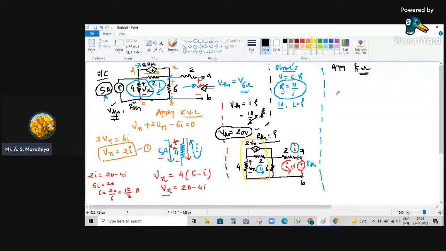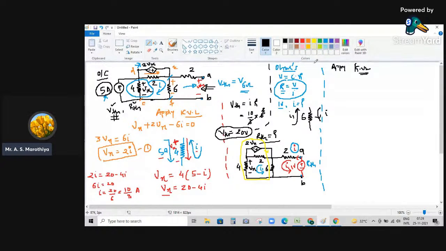So I am going to experience either a voltage rise or a voltage drop. That depends upon what kind of circuit I have with me. Now see, this is a 6 ohm resistor. On one side we have a current I1, and on the other side we have a current I.